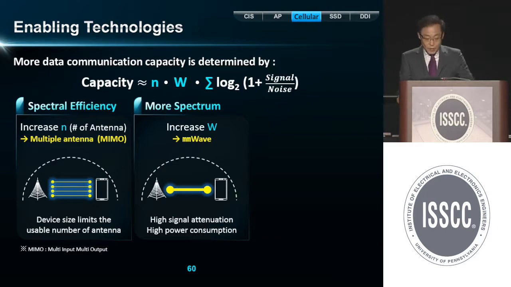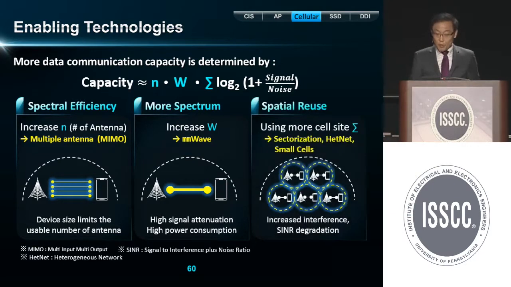So, industry is turning their attention to millimeter wave, where frequency resource is abundant. But for its commercial adoption, high signal attenuation and power consumption has yet to be resolved. Last but not least, we can increase number of cells for higher spatial frequency reuse. In this direction, LTE standards are enhancing many small cell-related features.